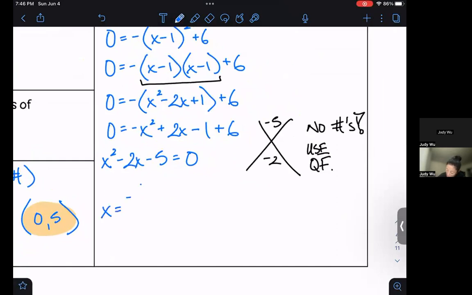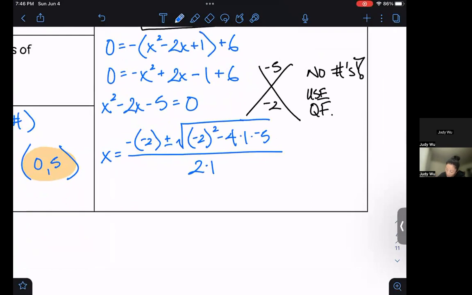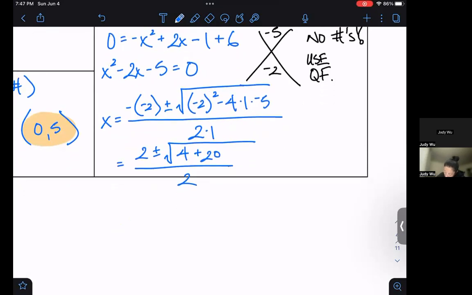x equals negative b plus or minus the square root of b squared minus 4 times a times c all over 2a. All right, let's see what that gets us. 2 plus or minus the square root of 4 plus 20 over 2, which really gives us 2 plus or minus square root of 24 over 2, okay?